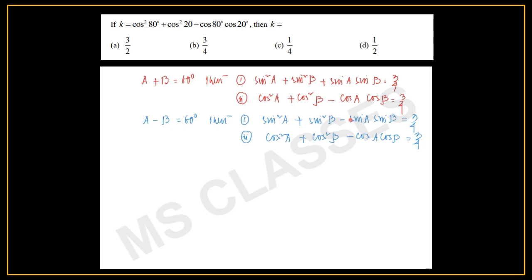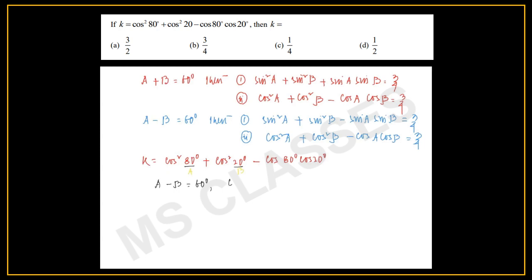Let us take a sum here. We understand here that it is given k equal to cos square 80 plus cos square 20 degree minus cos 80 degree cos 20 degree. And we have to find the value of k. Now here the angles which are given to us, if we take this angle and this angle as some a and b, then we can understand that a minus b equal to 60.